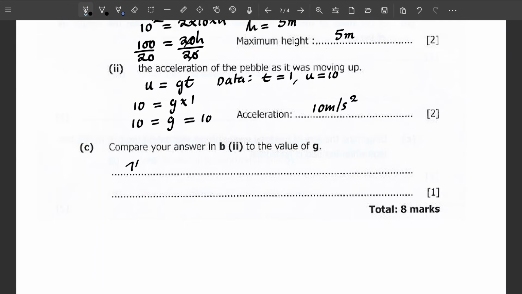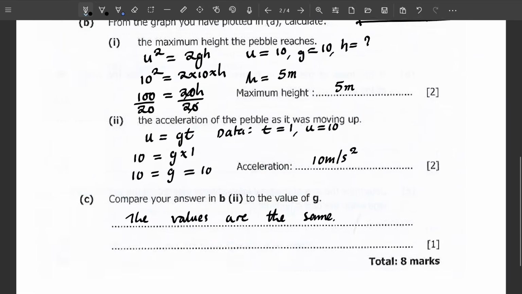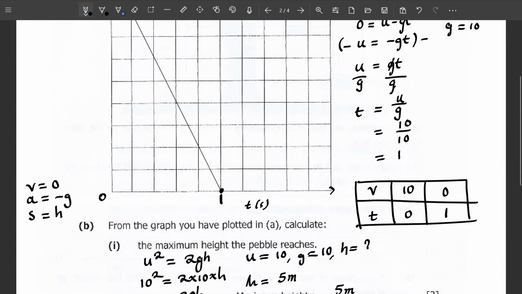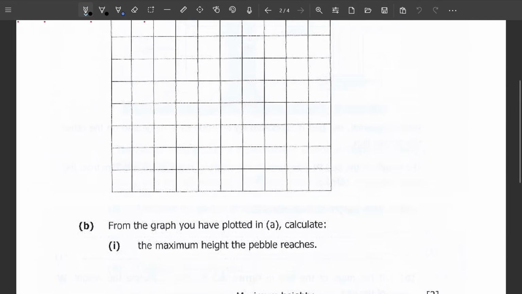So you can say the values are the same, because we are comparing, so they are the same. Okay, then let's move to the next question.